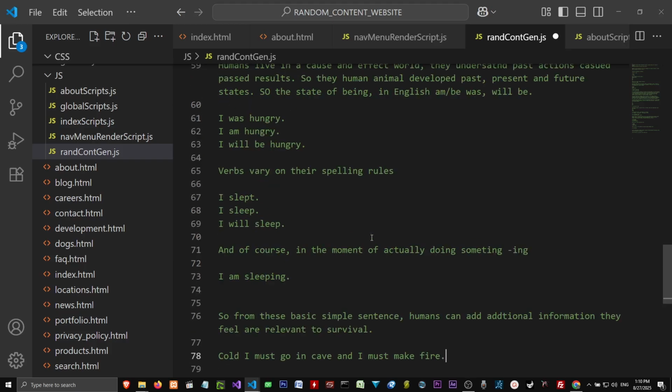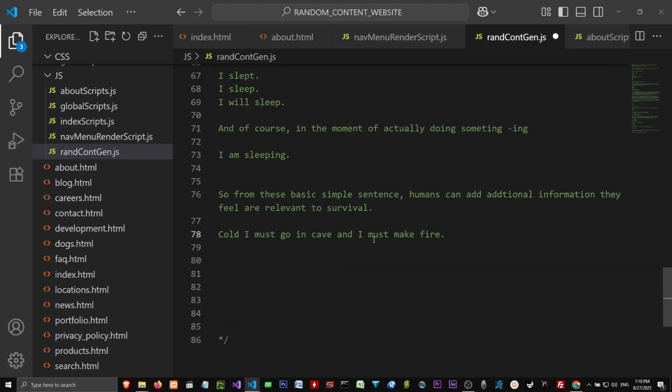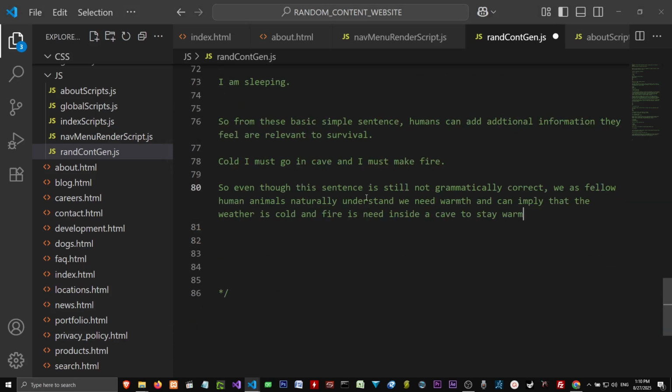And these are all built on everything that we've talked about so far from an evolutionary linguistic survival point of view. So even though this sentence is still not grammatically correct, we as fellow human animals naturally understand we need warmth and can imply that the weather is cold and fire is needed inside a cave to stay warm so we can stay alive.